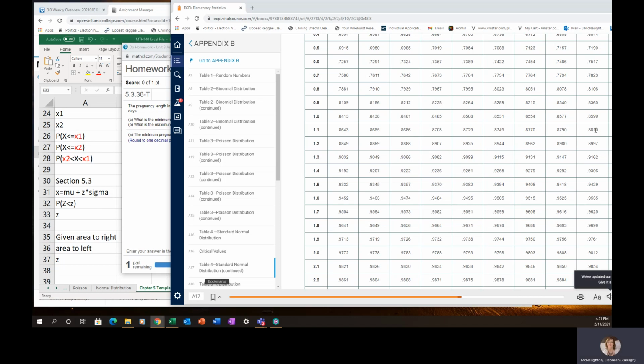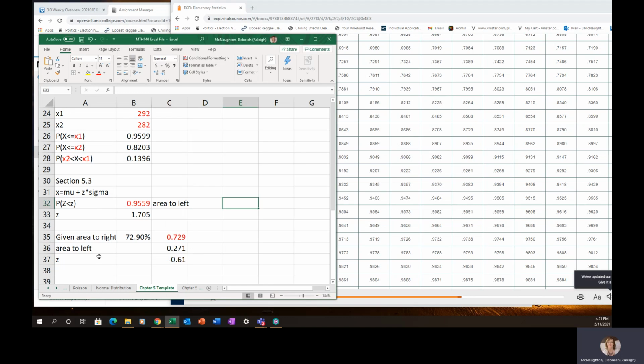I would use 1.175, and then I would have to use this formula to convert this z-score back to an x value. I would put in 1.175 for my z, and then use my mean and standard deviation to get back my x value.